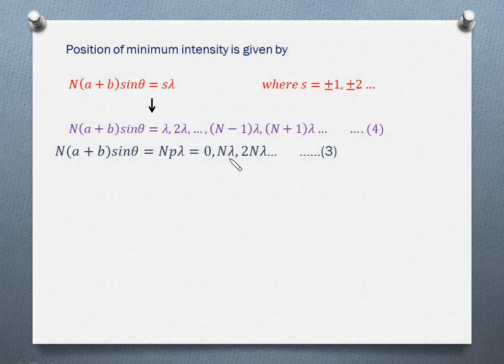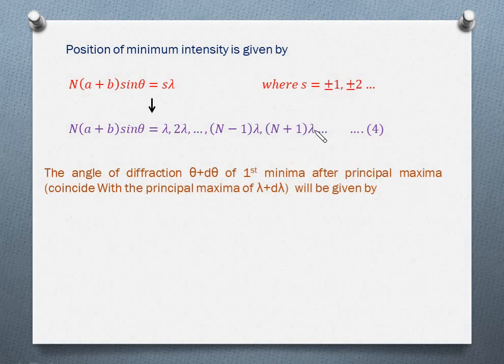This is the condition for the first order maxima, and this is the condition for the first minima just after the first order maxima. So you can see easily there is a difference of lambda. Remember that point.